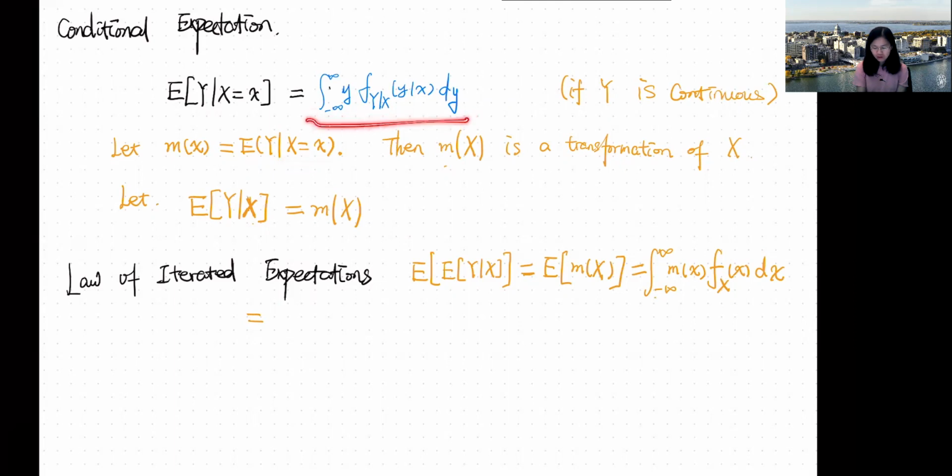We plug that integral into this integral, and we find that is the integral of y times the conditional density of y given x equal little x dy, times the marginal density of x dx.